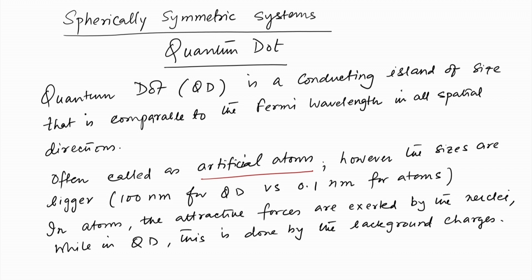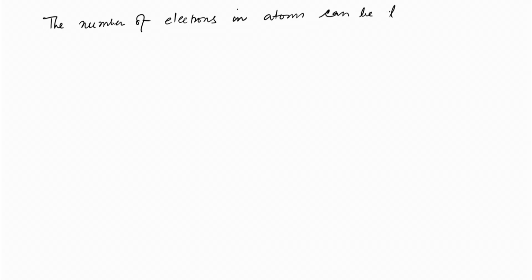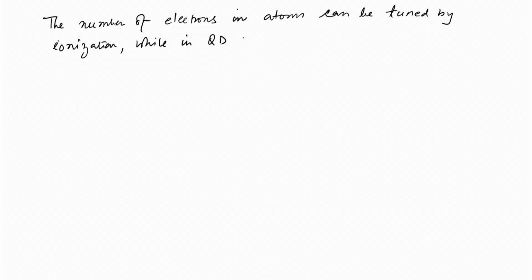We shall explain more on this, and a very important property of the quantum dot is that the number of charge carriers, which are electrons here, is changed in atoms by the ionization, that is by knocking off electrons from the outermost shell, while in QDs, this is done by changing the confinement potential.